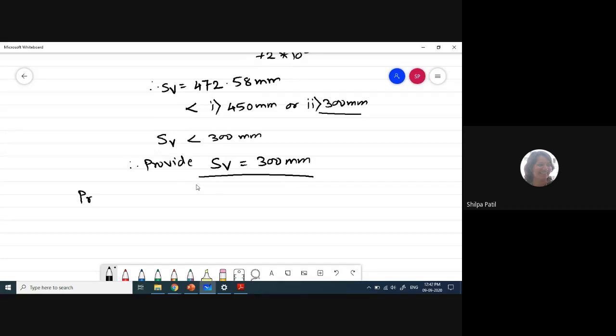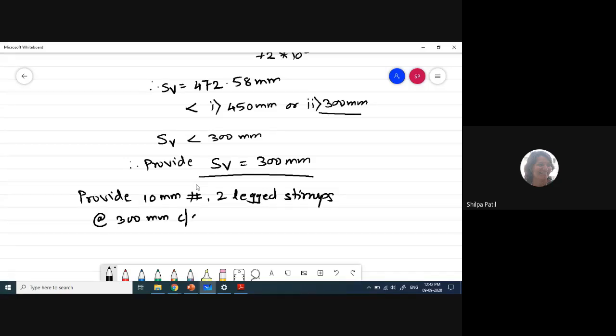Provide 10 mm diameter two-legged stirrups at 300 mm center to center spacing in zone 3.